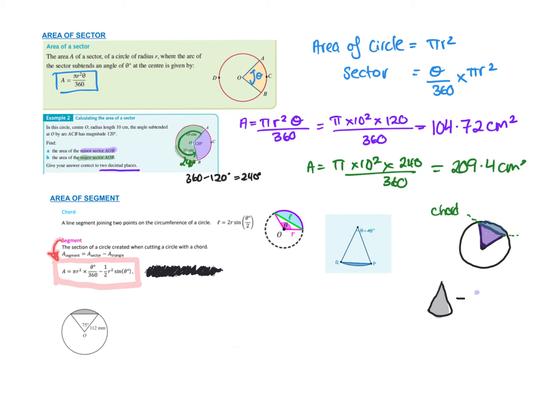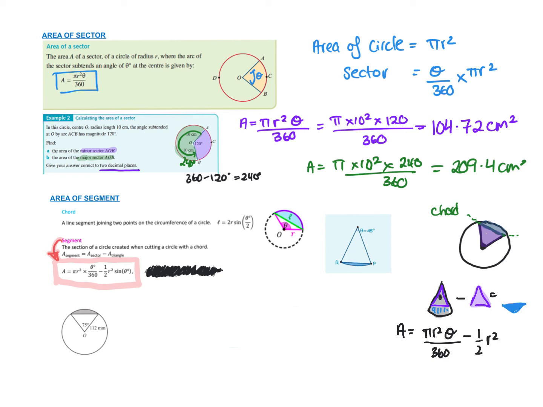If I minus that triangle from that sector, I end up with the segment, just that little blue bit down the bottom. That's the way that formula is created, because the area of a sector would be pi r squared times the angle, whatever angle they give, over 360. And then you're minusing the area of that triangle.